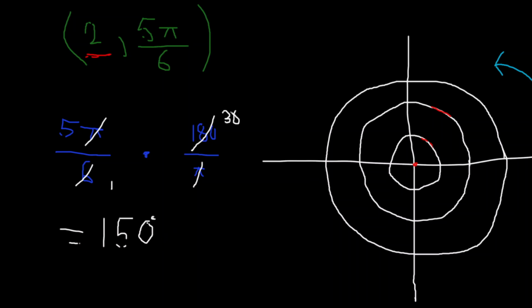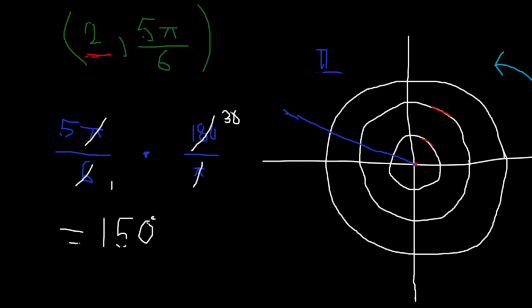And we know 150 degrees is less than 180 degrees, but more than 90 degrees. So it's in the second quadrant. So it's probably somewhere right here. So now we can plot our point.